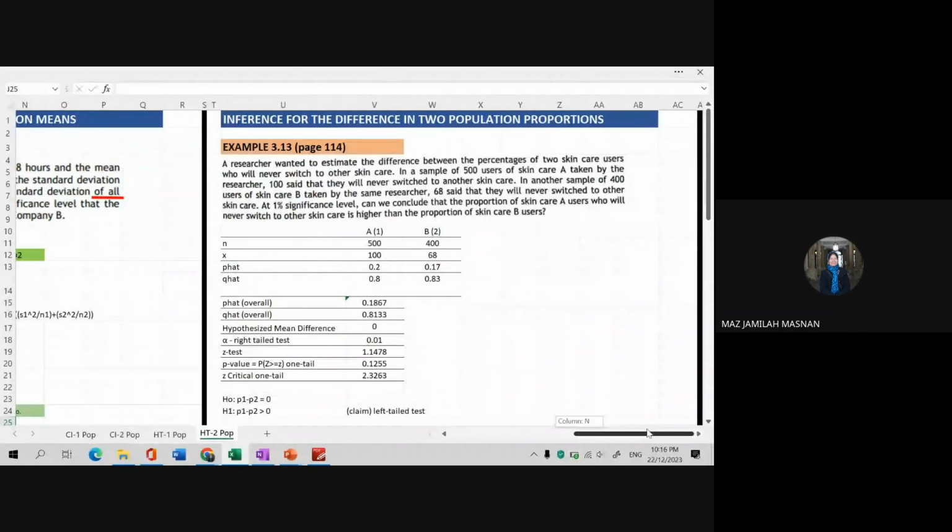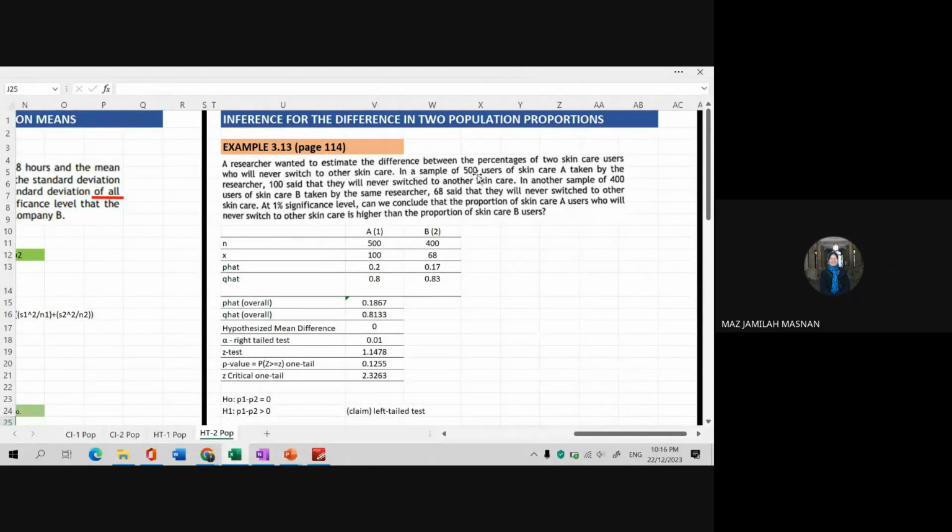This one reflects the inference for the difference in two population proportions. Now, what is the situation? A researcher wanted to estimate the difference between the percentages of two skincare users who will never switch to another skincare.